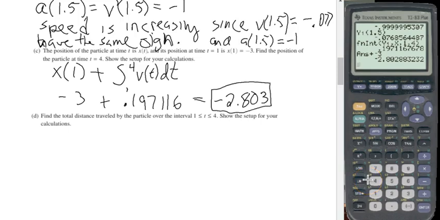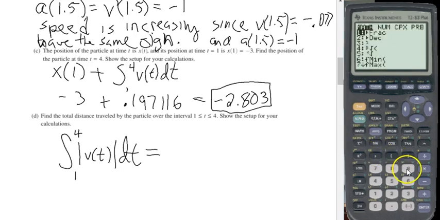All right, so part D, find the total distance traveled by the particle over the interval 1 to 4. Show the setup for your calculations. Now, total distance is the integral of the absolute value of the velocity. So, again, math number 9.